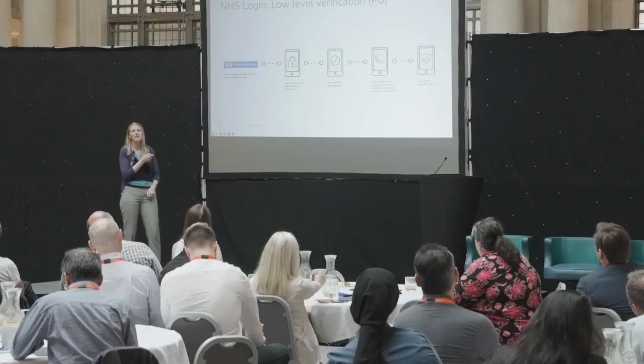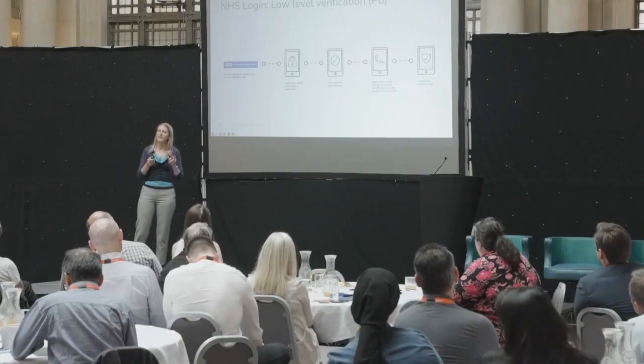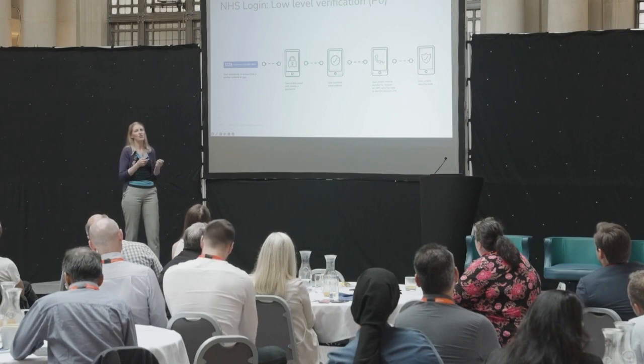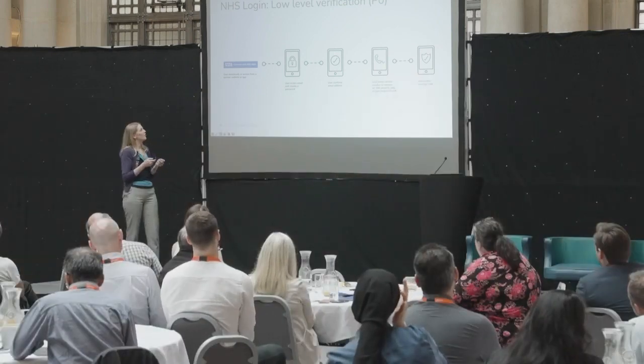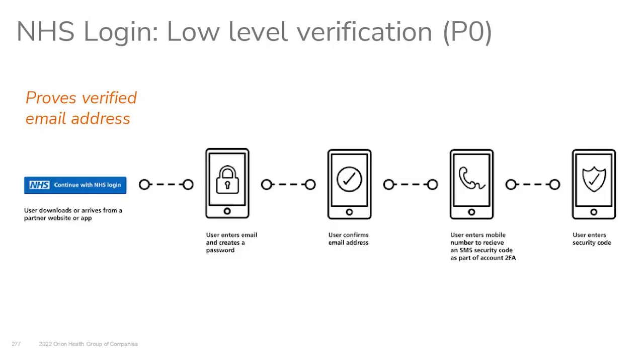But it's not quite as simple as just using your NHS Logon to create that account, because there's actually 3 different identity trust levels that NHS Logon uses to prove who you are. And the first level, which they call P0, is low trust. And essentially what that means is when you signed up for NHS Logon, all you told it was your mobile phone number and your email address.